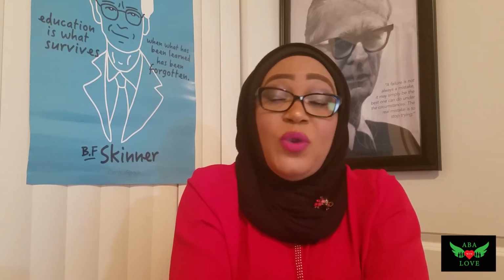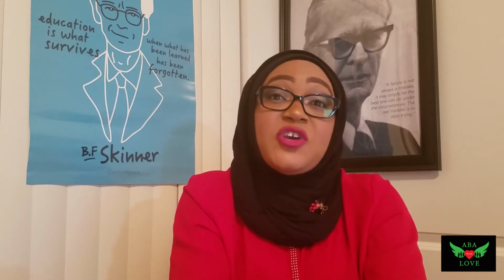Now, we have two types of reinforcement. Type 1, which is the positive reinforcement, and type 2, which is the negative reinforcement. Positive reinforcement is the adding of something in the environment, which causes the likelihood of the behavior increasing in the future.